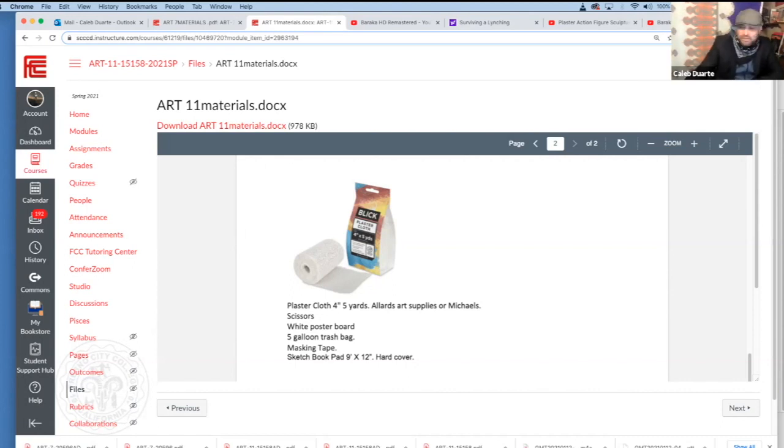9 by 12 hardcover sketchbook that we're going to be using both for assignments and for kind of gathering ideas. Here's a sketchbook.